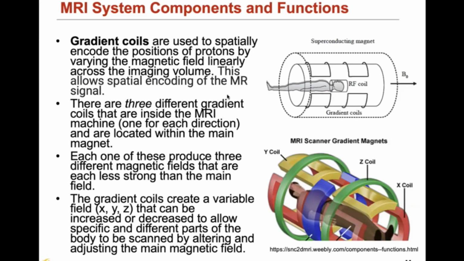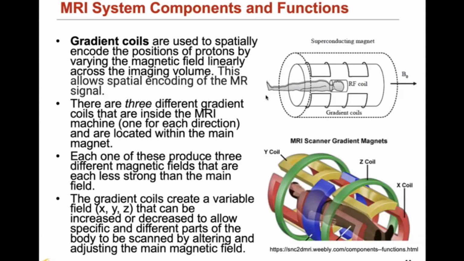This allows spatial encoding of the MRI signals, so we can know the spatial position of the signal and generate an image showing the positions of different tissues.